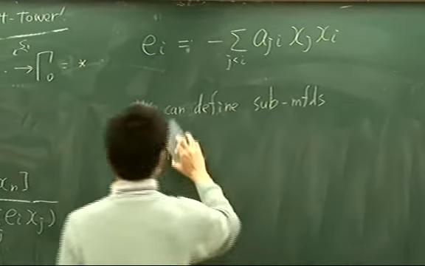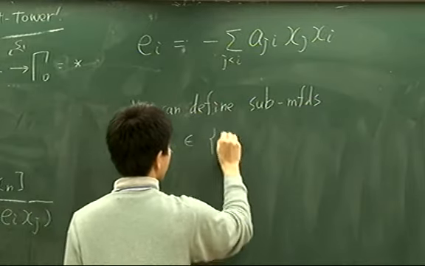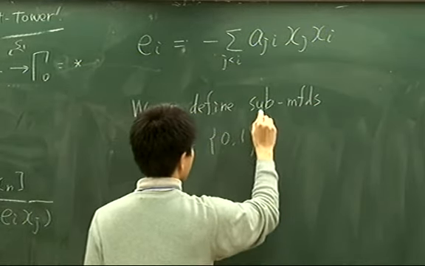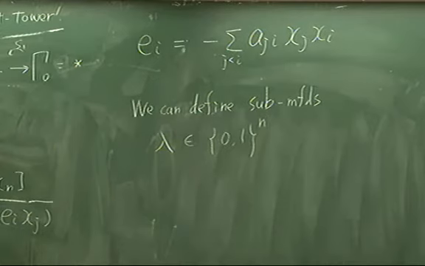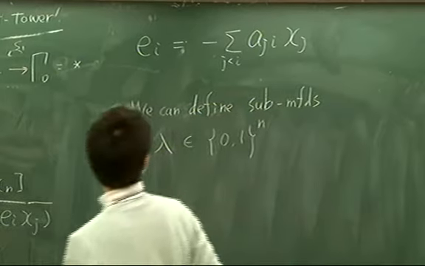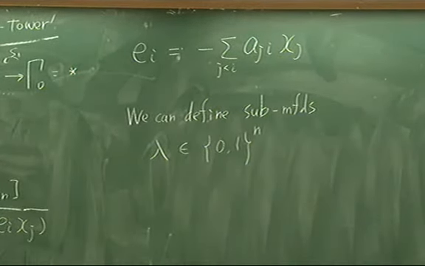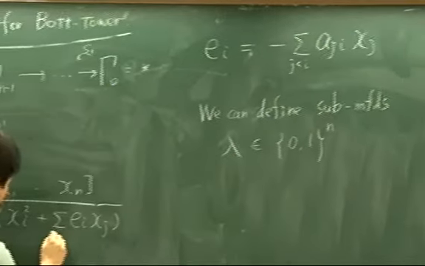For each lambda in x_j, or sorry, x_i or x_j? E_i is a_ji.